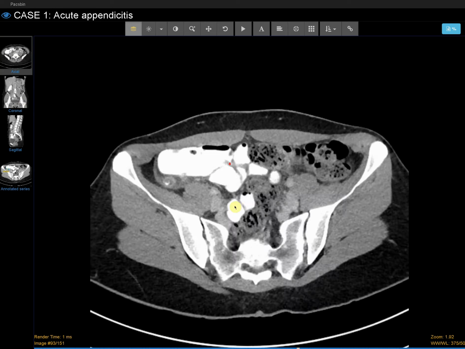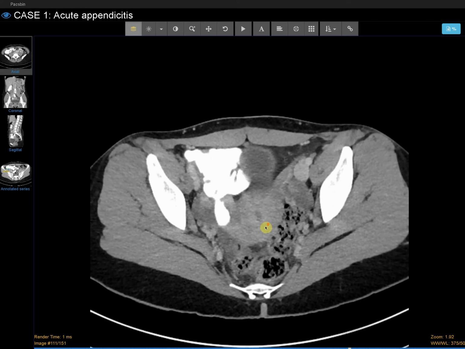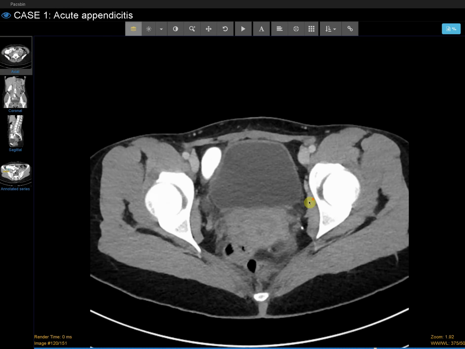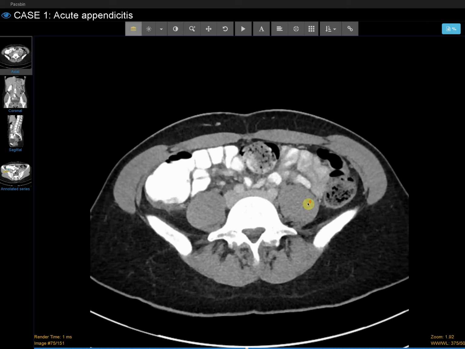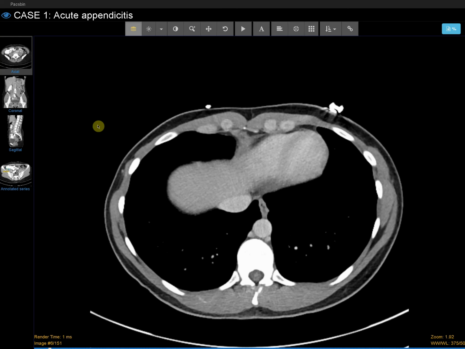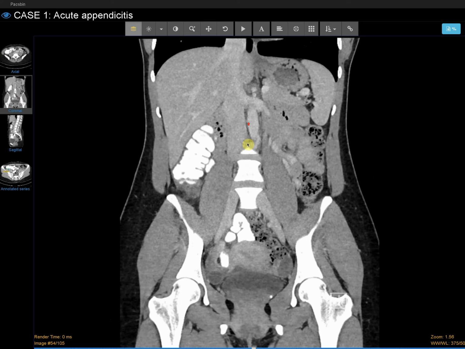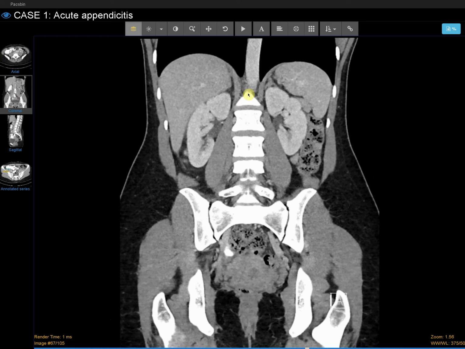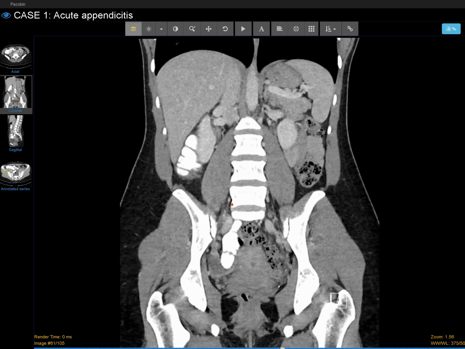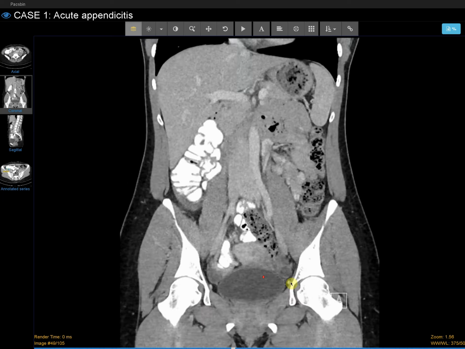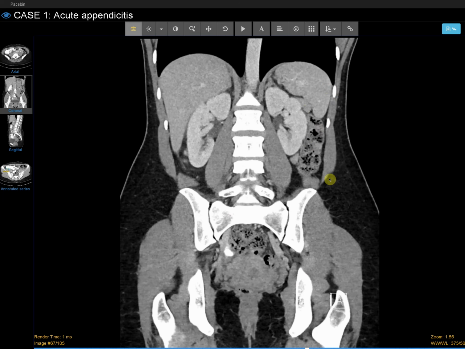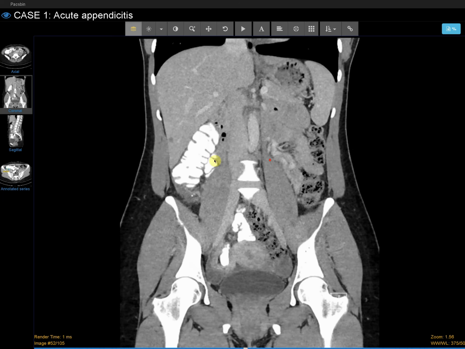So I'd follow it down, I would look at the bladder, the uterus, the ovaries, you looked at them already, and then come back up, go to the coronal, look at the aorta and the branches, look for lymphadenopathy, look for the bones, the soft tissues, and also follow the bowel.